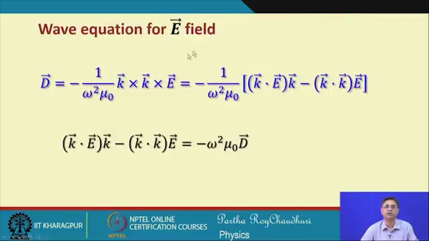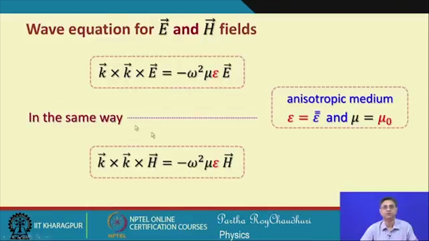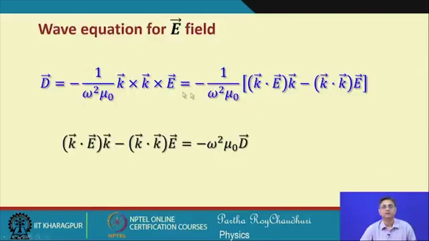So, the wave equation for E field can be written in this form if you just reorganize this equation. Then 1 by omega square mu can be written in this form, k cross k cross E. But k cross k cross E, which is equal to k dot E k minus k dot k E, is equal to this, but you know that k dot E is equal to 0.